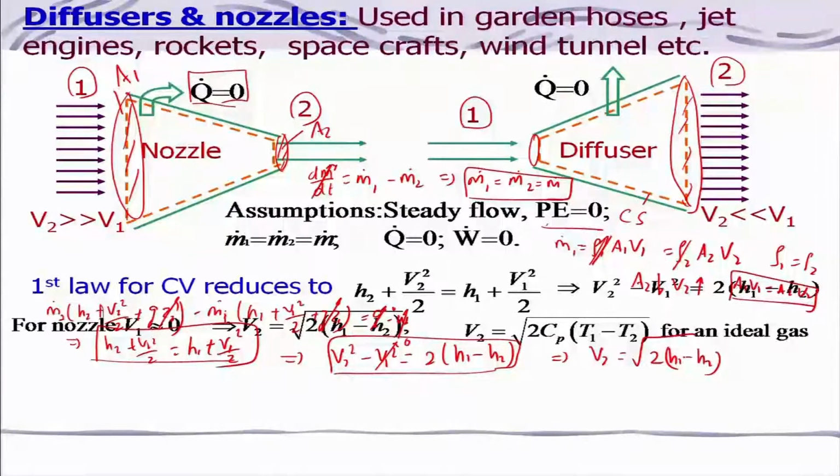And for an ideal gas, we can write V2 is equal to root over 2 Cp (T1 minus T2), right.